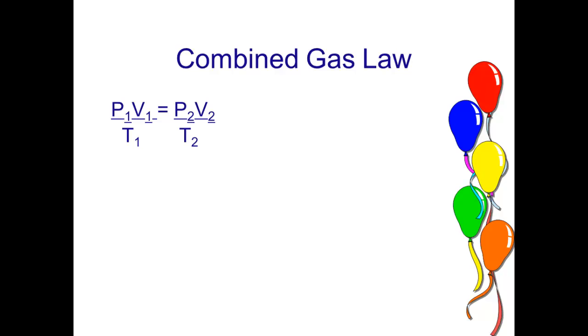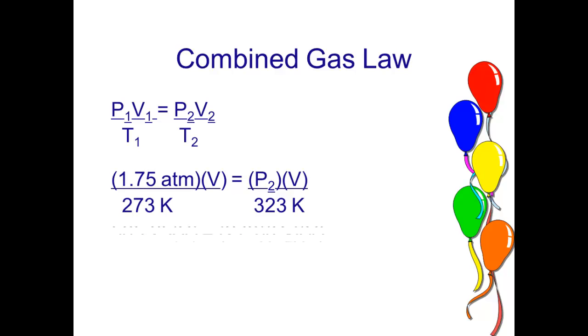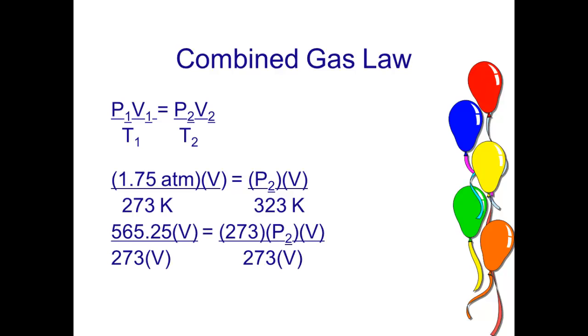It cancels. So if the volume's the same on both sides, it drops out of the equation, we don't need it. And you could just solve this like Gay-Lussac's law. Here's the math to prove that the volume's going to drop out on both sides. You can see it cancels on the left and on the right. If you do your algebra correctly, you should get approximately 2.07. This comes out in atmospheres because that's what you put in.